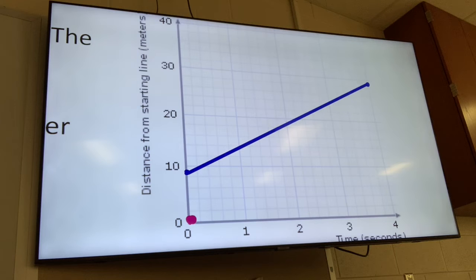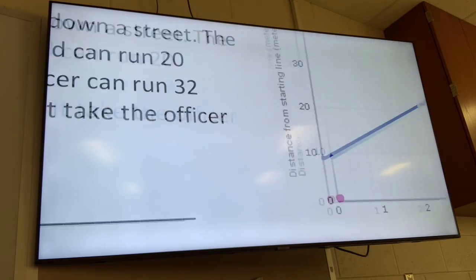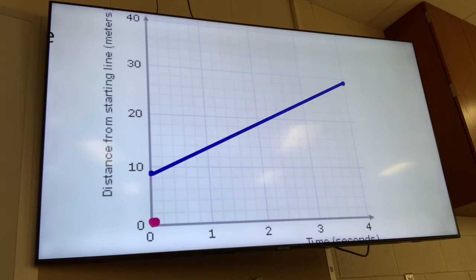So connect your dots. There we go. Police officer can go 32 meters in 4 seconds. So 32 will be right there because they go by 2s.